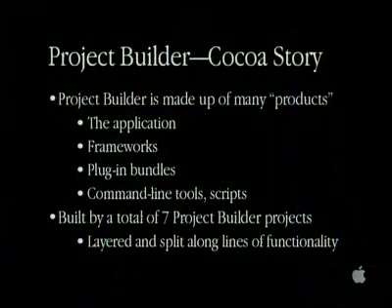Let me start by giving a little bit of an overview of the structure of Project Builder. Project Builder is a pretty big system. It's made up of several different products. There's the application itself. There's probably about half a dozen frameworks that we use, another 10 or 12 plugin bundles, various command line tools, scripts, build system implementation scripts, all kinds of things.